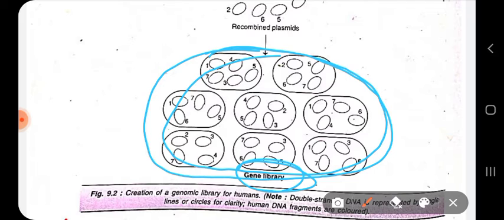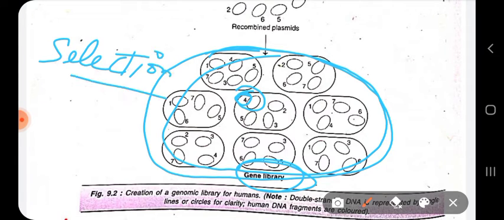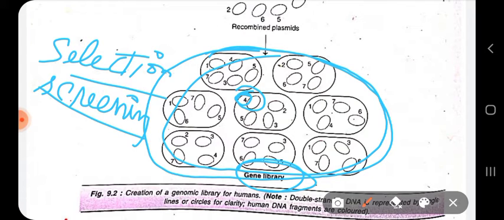Now, however, if we want to isolate our desired DNA fragment that contains our target DNA of interest, say for example the 4, then we have to do screening, using a selection strategy. Screening can be done by various ways.